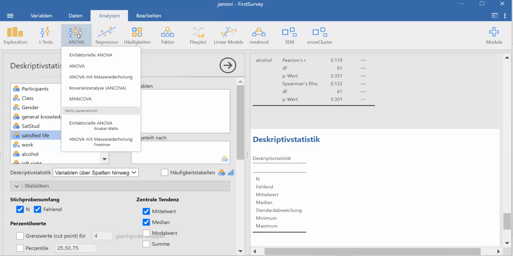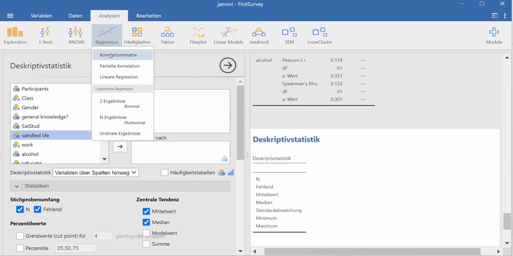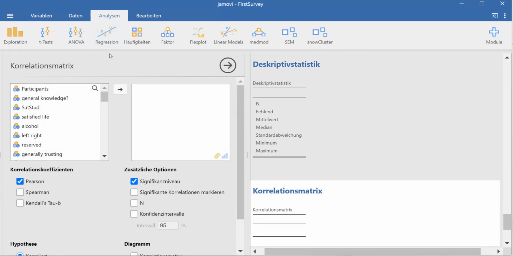The correlation analysis we apply when we have 2 times interval or ordinal scale data, and we have different correlation coefficients, Pearson or Spearman, that we need to calculate. The interpretation of the correlation coefficient is that it is always between -1 and +1, and values between 0 and 0.3 are a weak correlation, between 0.3 and 0.6 a middle correlation, and higher than 0.6 a strong correlation.